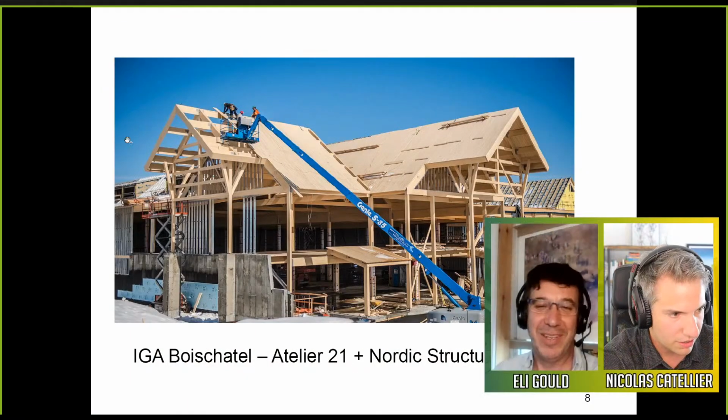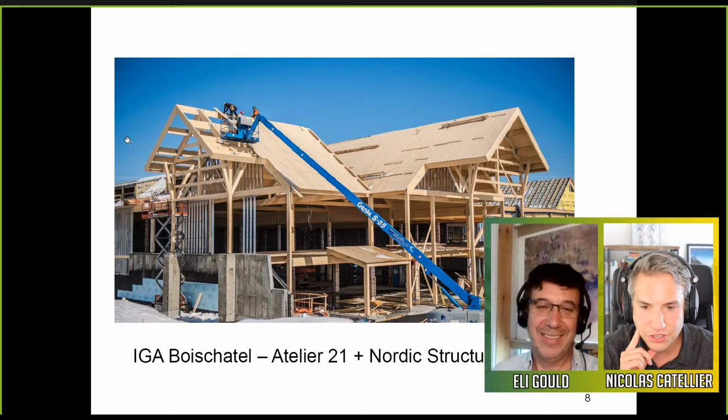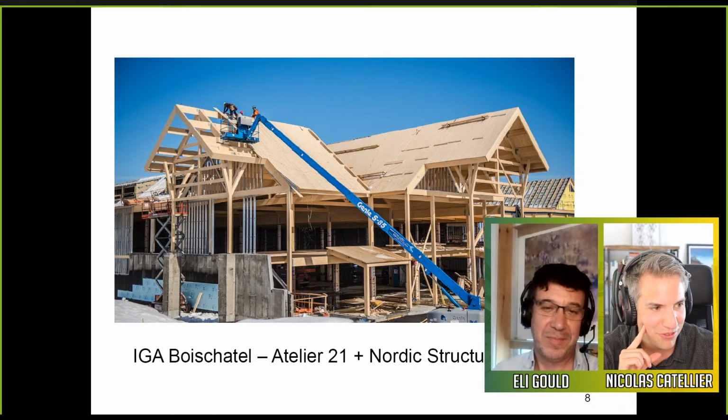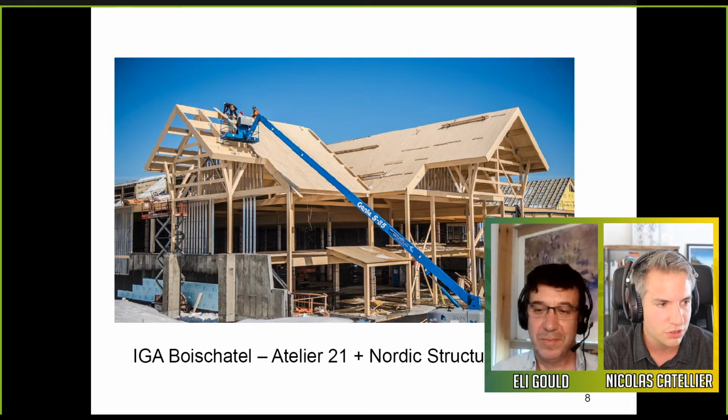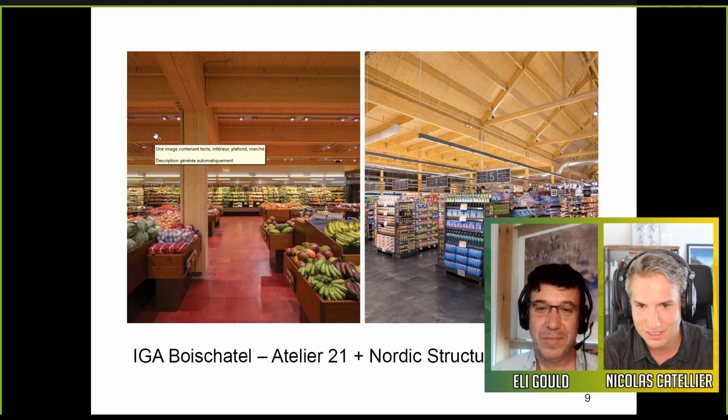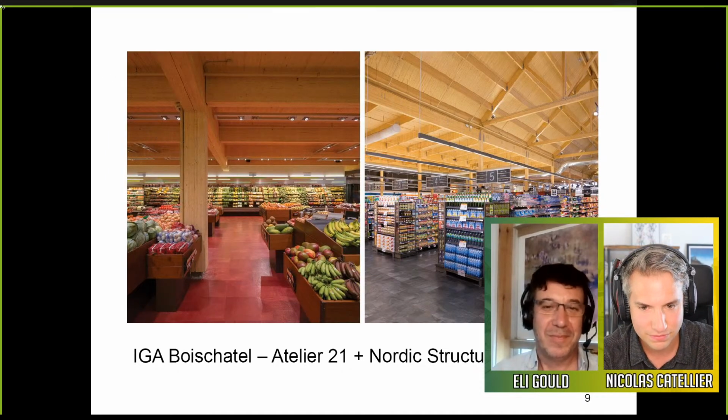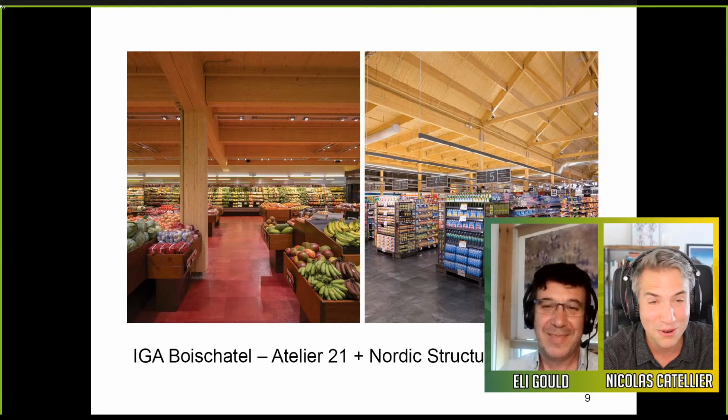So you know that building. I wanted to show this one because I worked on that project back in a past life, in 2013, when I was an intern for Atelier 21 Architect. This is a supermarket. Pretty cool supermarket, right?